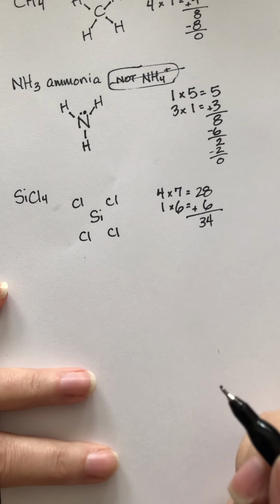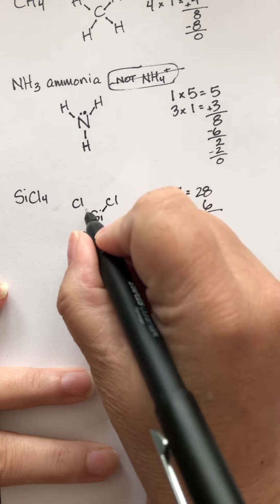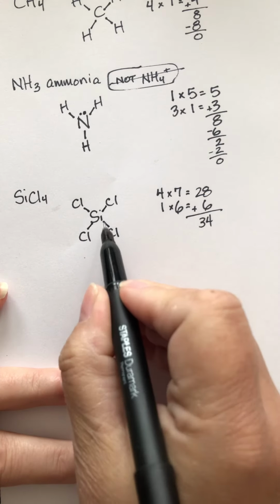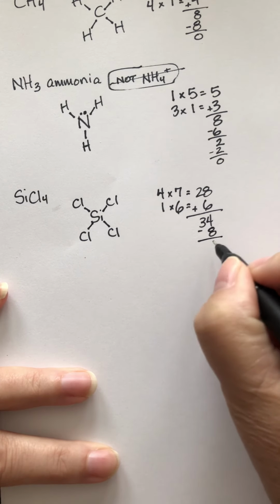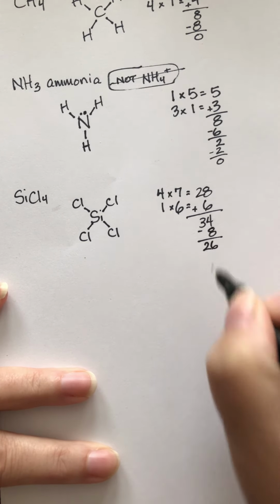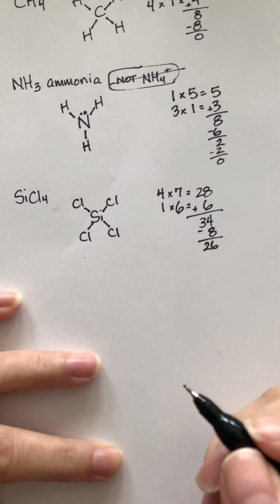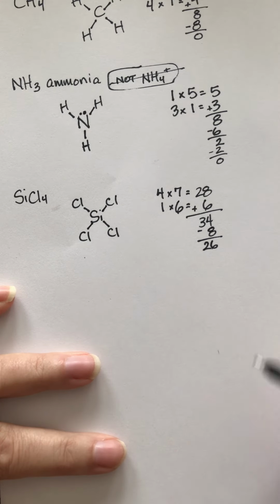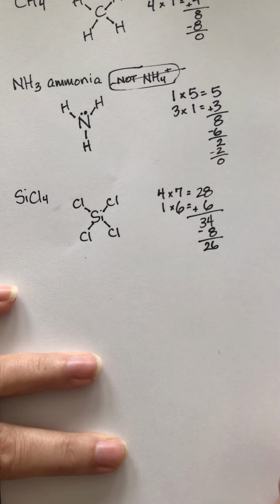Okay, we can't have a molecule without a bond, so every terminal atom gets a bond into the central atom. Doing that, I used up 2, 4, 6, 8 of my electrons, leaving me with 26 valence electrons. Okay, now the rules say that I must start from the outside and work my way in, distributing my valence electrons.